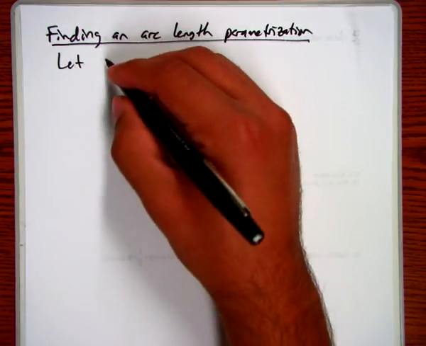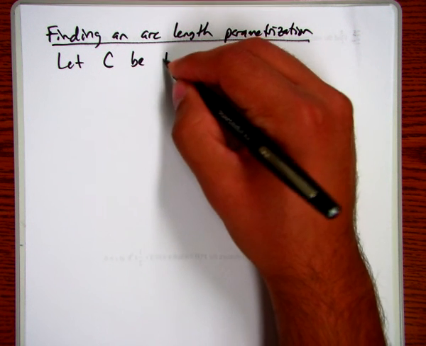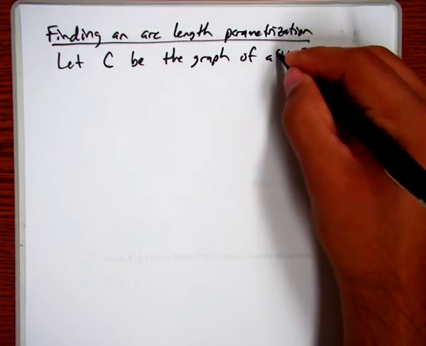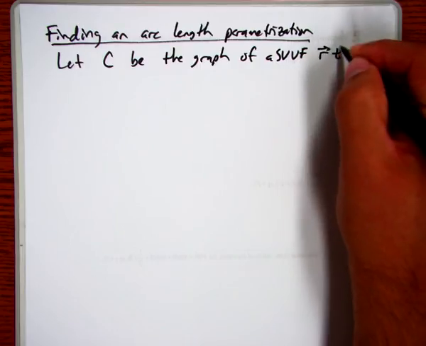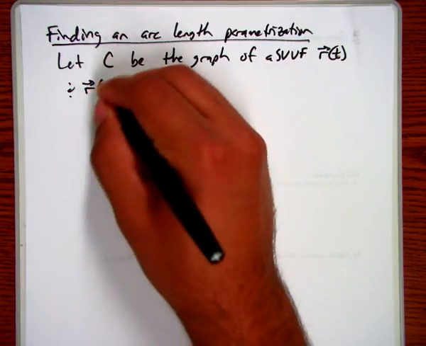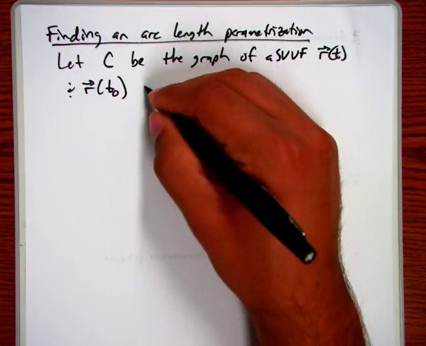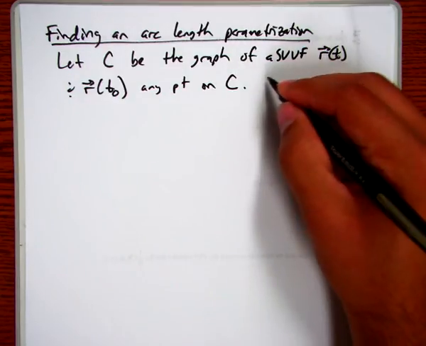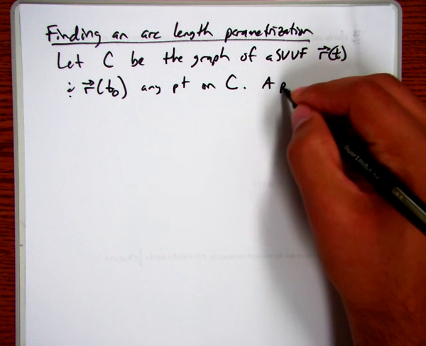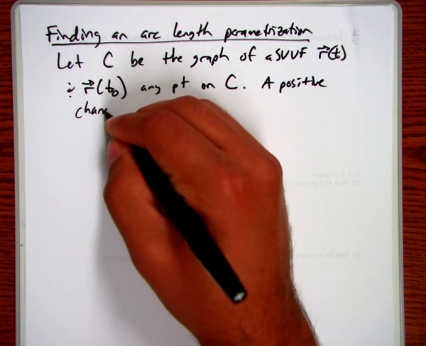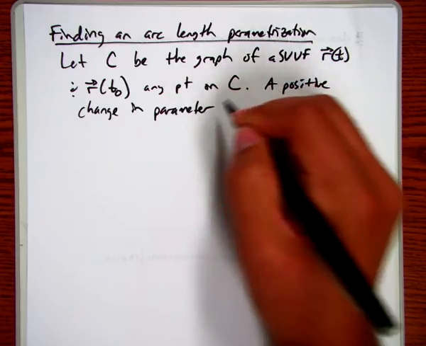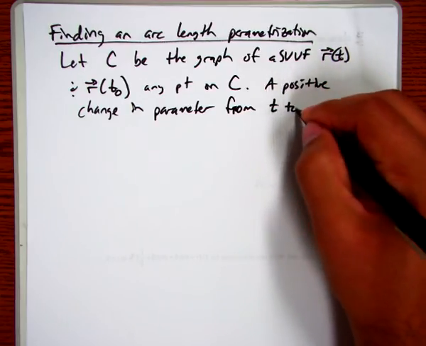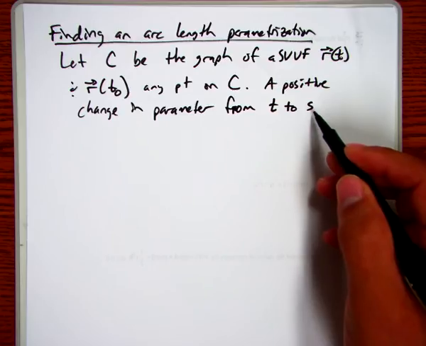Okay, so let C be the graph of a smooth vector-valued function r of t, and r of t naught any point on the curve C. A positive change in parameter from, excuse me, t to s, so current parameter t to s, s is always going to be the arc length parameter.